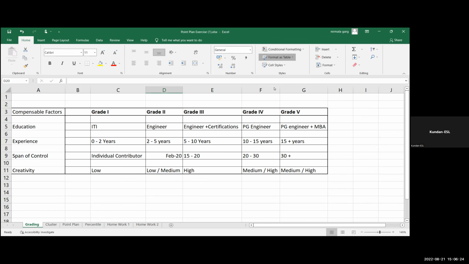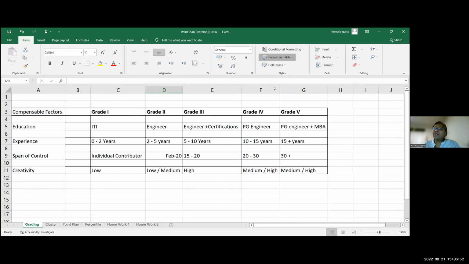For example, decision making. The kind of decisions the CFO has to take are of a higher magnitude. The impact is very, very high. It could have budgetary consideration, etc. But the kind of decision a financial executive at a lower level takes is of a much lesser magnitude. So compensable factors are those factors for which you are paying.